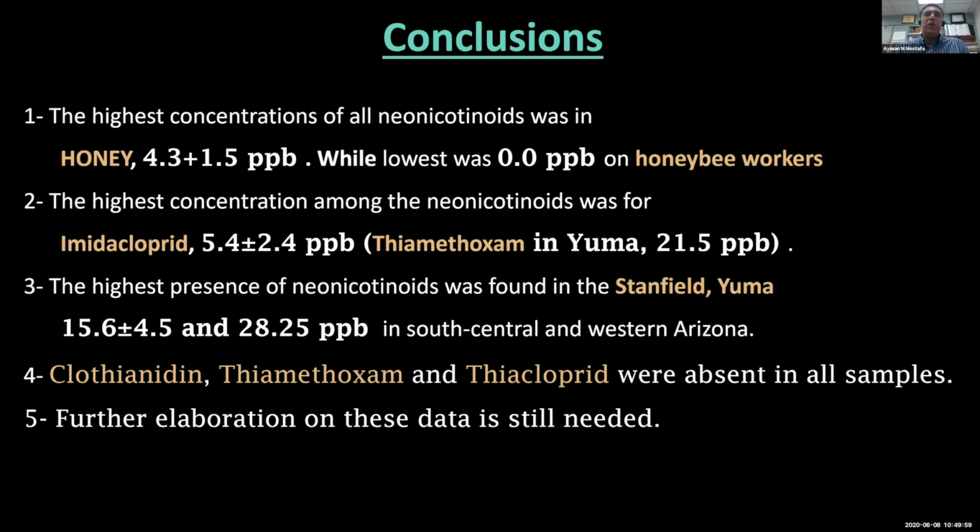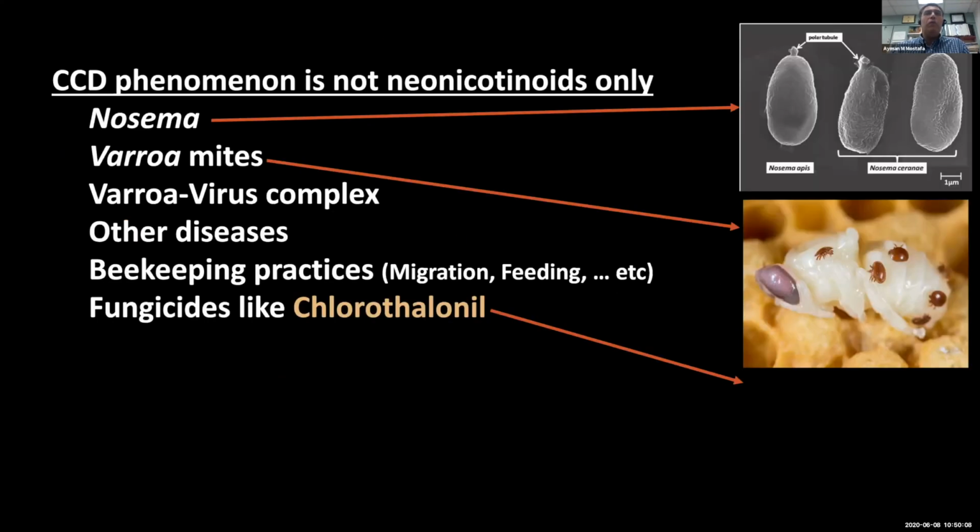So this is just the conclusion of what we found here, and it is no different from what we show in the slide. But remember when we were talking about the colony collapse disorder phenomena, it's not insects. Yeah, exactly, but we have to look for where actually our problem is.